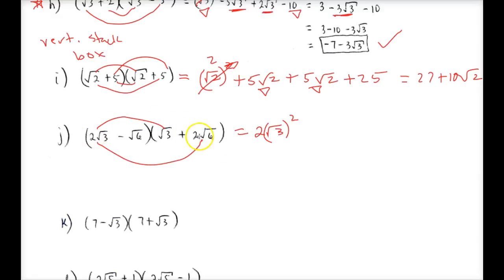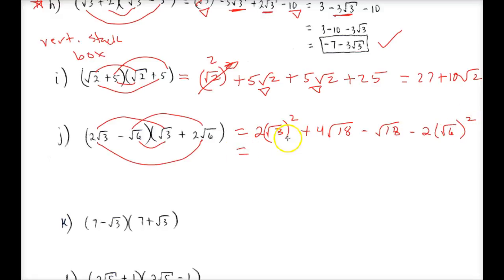So that's 2 times 2, which is 4. And then 3 times square root of 3 times square root of 6 is square root of 18. Okay. And then the inner terms would be square root of 6 times square root of 3. And since that's a negative times a positive, that would be negative square root of 18. And then the last terms here would be a negative 2 square root of 6 squared.